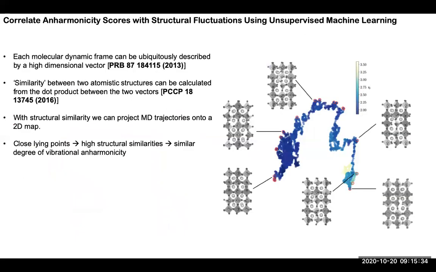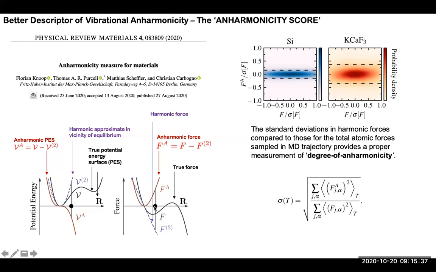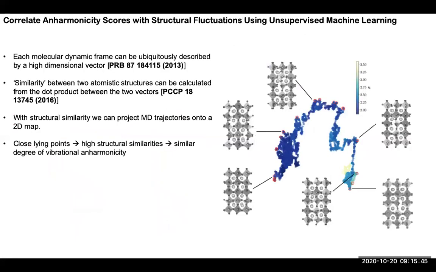And because the amount of forces depends on how much the atom moves, there's a degree of structural distortion in the materials. And if we do some machine learning analysis, just to cut a long story short, you can map out the differences between individual molecular dynamic frames into a two-dimensional space.